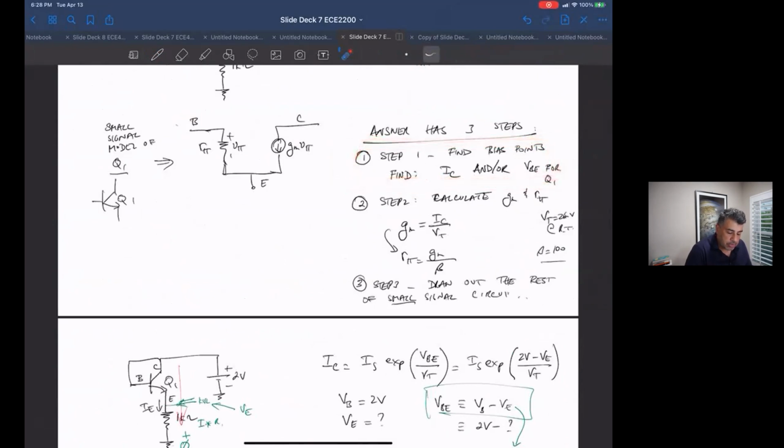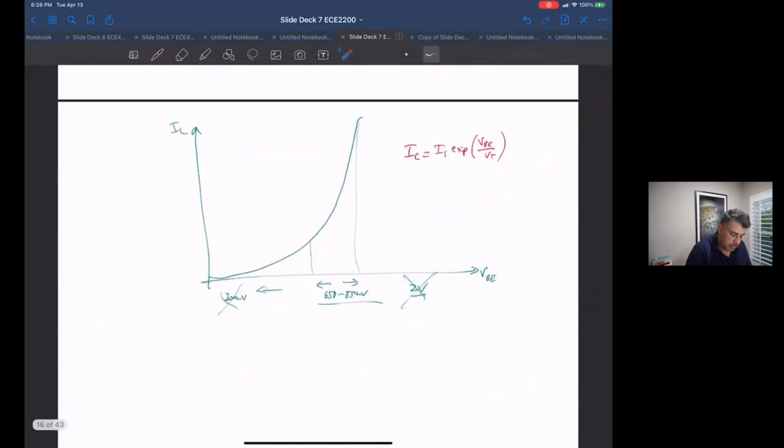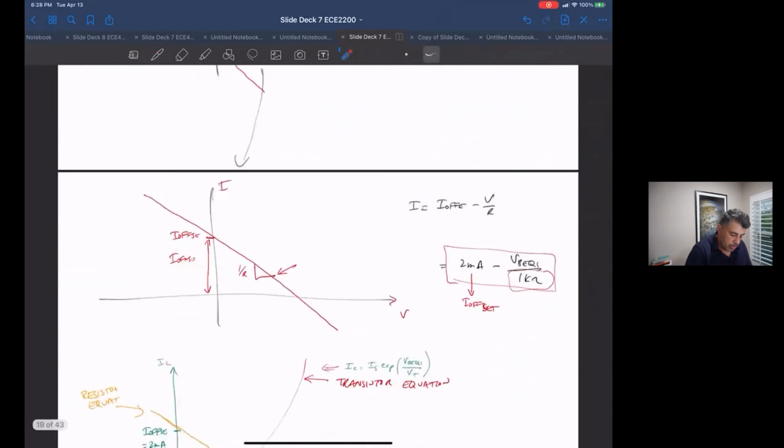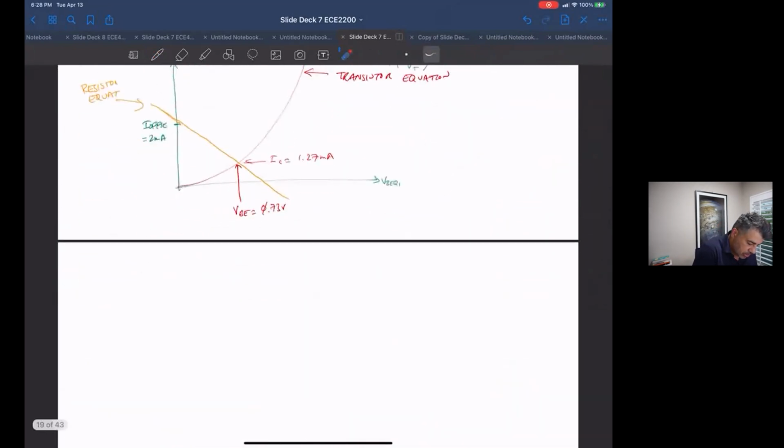So step two is really, really easy to get G sub m and R sub pi, because you're just multiplying the two numbers, right? So step one, the result was I sub c is 1.27 milliamps, and VBE was 0.73 volts.